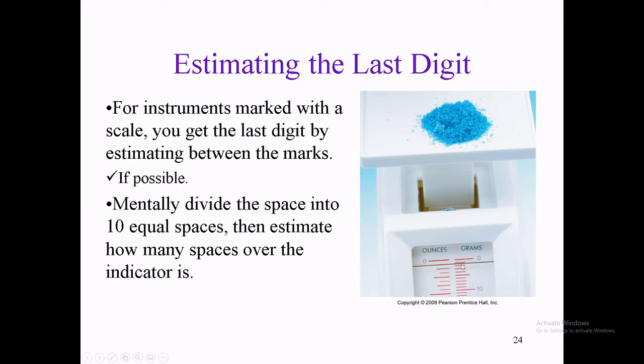I can see that this line is between 1 and 2, and that it's closer to 1 than it is to 2. So I can make some kind of estimate of where this is, like say 1.2 grams. Whereas if I had just simply chosen to put 1 gram, I would be further away from the line than what I really can do with this instrument.